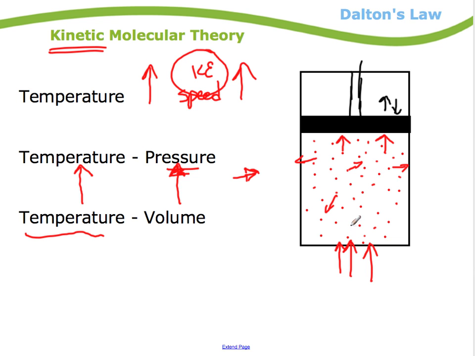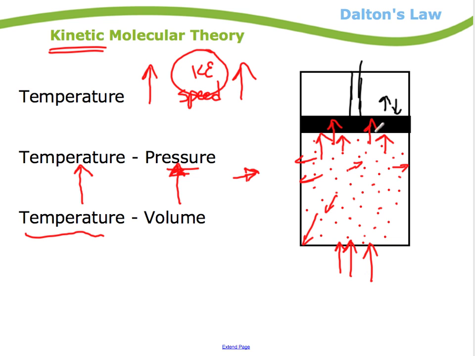So the question I'd have is which way do you think that piston would move, and when would it move? If I increase the temperature, the molecules move around faster and faster, and the pressure on the outside of the container will increase. Therefore, logically, it would make sense that the piston would get pushed out, or pushed up.